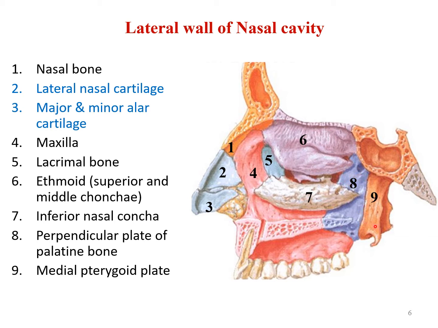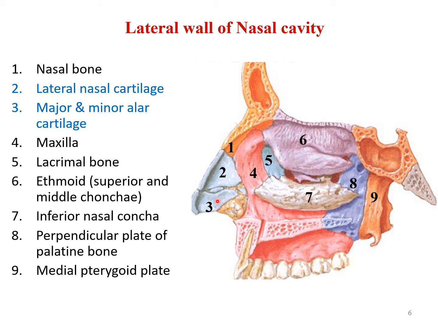And the last part here, which contributes to the lateral wall of nose, this is the medial pterygoid plate of sphenoid bone. So now once again, I'll tell you the structures that form the lateral wall of nasal cavity. First, the cartilages. The cartilages are the lateral process of the septal cartilage, or you also call it lateral nasal cartilage.